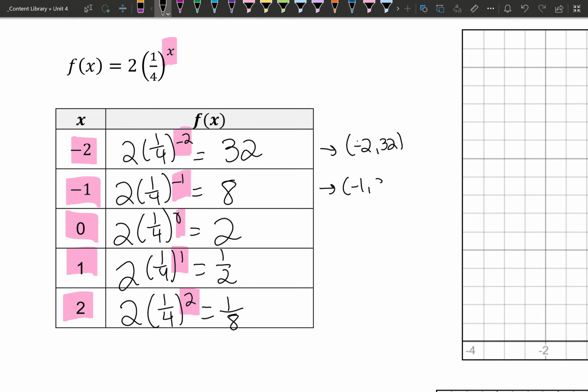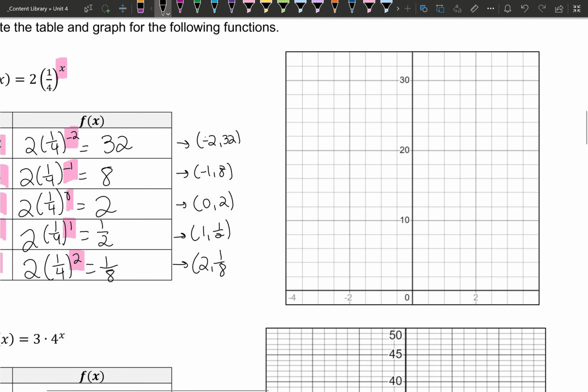These all give us points. This is -2, 32. This is -1, 8. This is 0, 2. This is 1, 1/2. And this is 2, 1/8. Which means we can graph it.